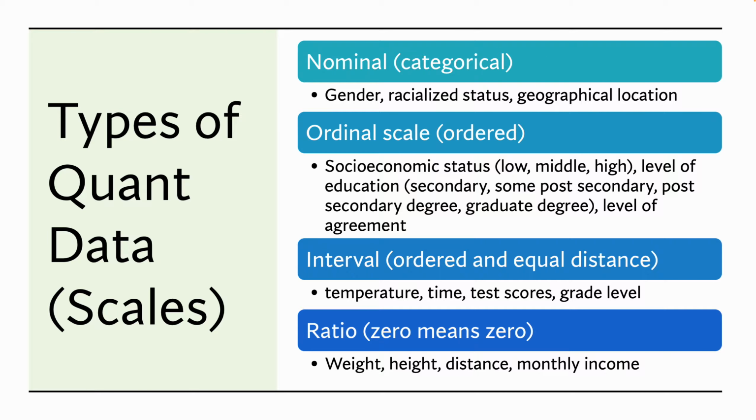Test scores are a little bit trickier to understand in that regard, but the idea here is that the score of a 0 that you might get on a test doesn't actually mean the absence of knowledge. It just means that the sampling of questions that were used to measure that knowledge resulted in someone potentially getting 0, but there clearly is the possibility that they have some of what it is you're trying to measure.